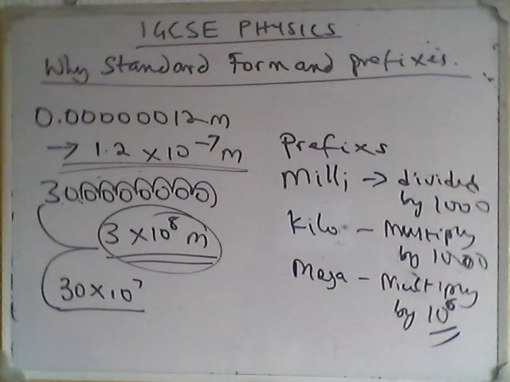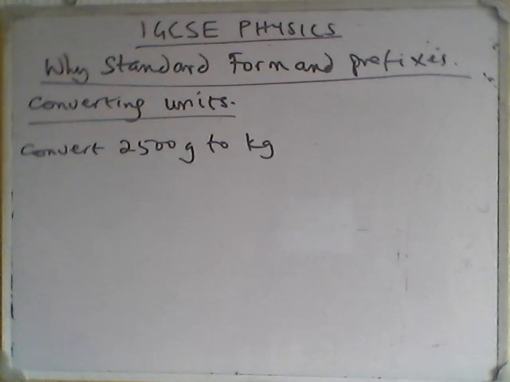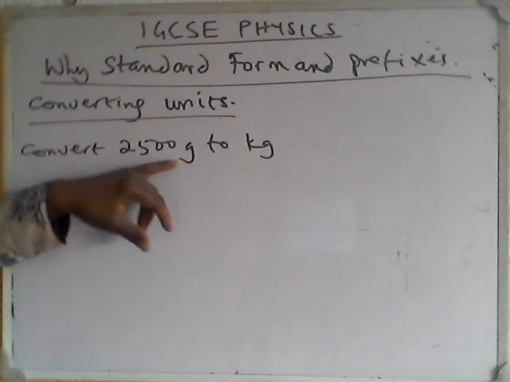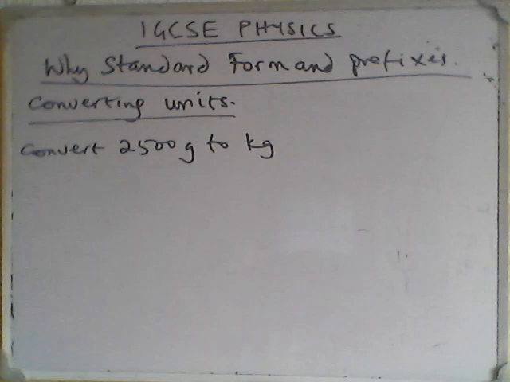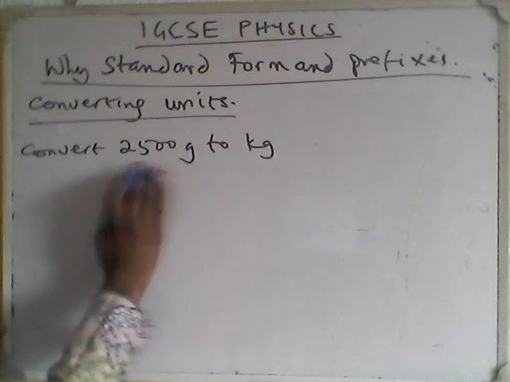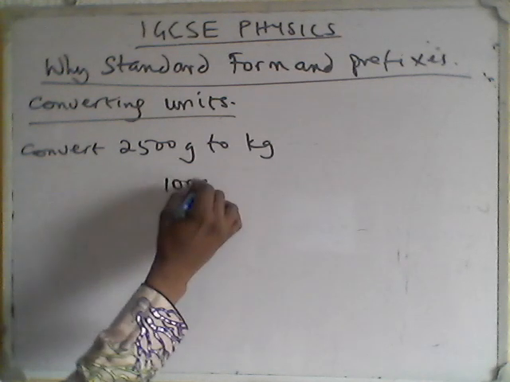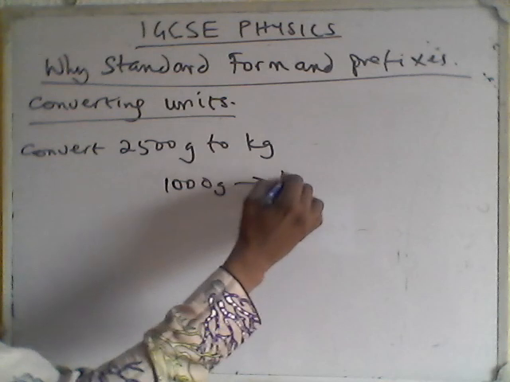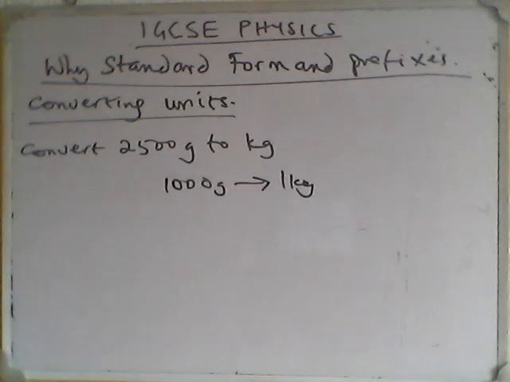So I will just solve some examples. I have on the board converting units. If I'm told to convert 2,500 gram to kilogram, what I will do is divide by 1,000. Why? Because 1,000 gram make 1 kilogram. Now please know your units.